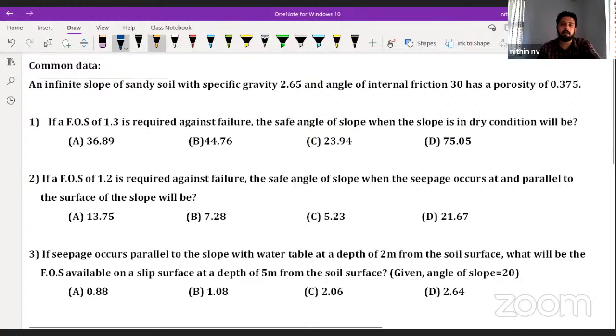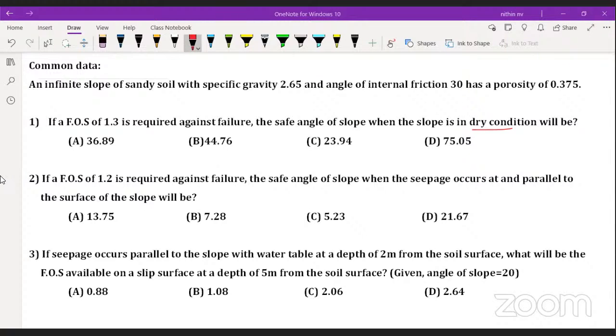First one is under dry condition. So start solving it, everyone. Under dry condition, we will not be having any gamma values and all. It will get cancelled.